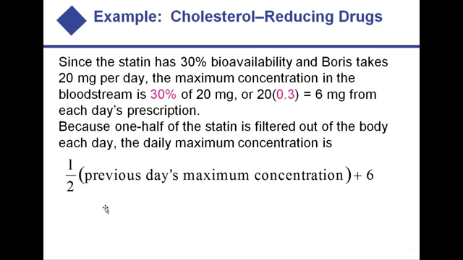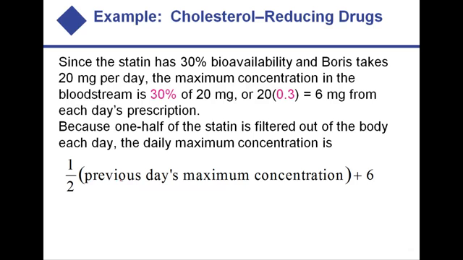Since it has a 30% bioavailability and he takes 20 milligrams per day, the maximum concentration in the bloodstream is 30% of 20 milligrams, or 6 milligrams from each day's prescription. But because 1/2 of it is filtered out each day, the daily maximum concentration is going to be 1/2 of the previous day's amount plus 6. So think about it this way.